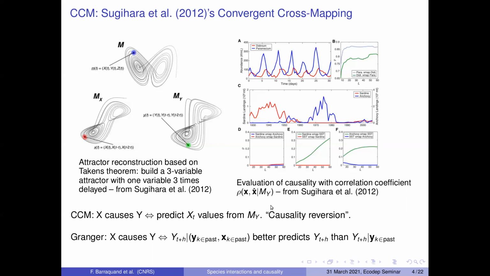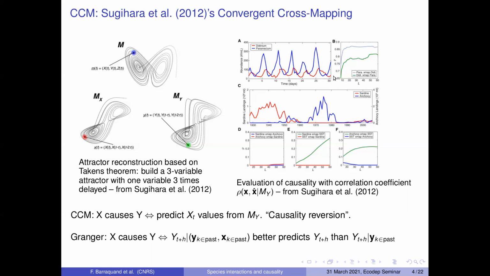The way you do this in practice is by looking at the correlation coefficient. So you compute the correlation coefficient between the values of x and the values of x predicted given the knowledge of this manifold My.